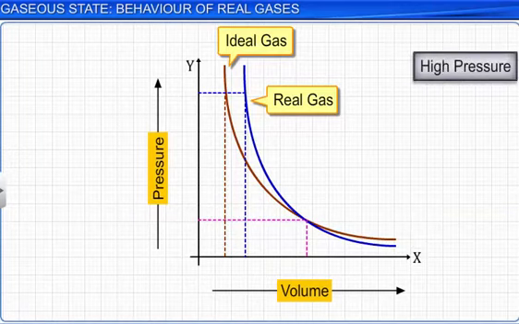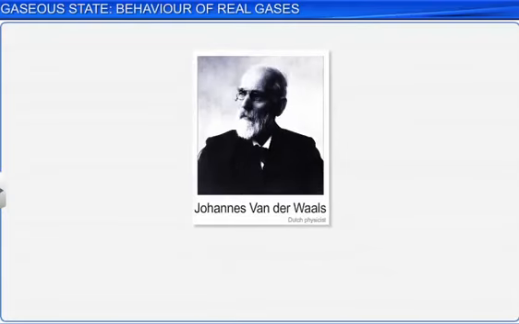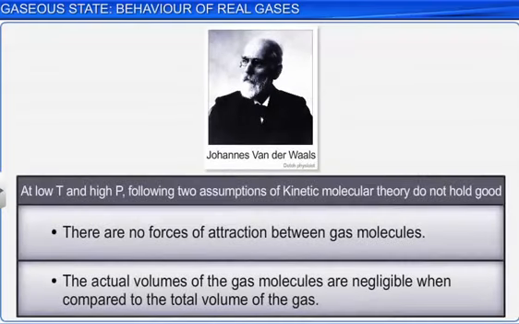Dutch physicist Johannes van der Waals gave an explanation for these deviations and modified the ideal gas equation in order to make it applicable to real gases. He observed that at low temperature and high pressure, the following two assumptions of the kinetic molecular theory do not hold good for real gases.